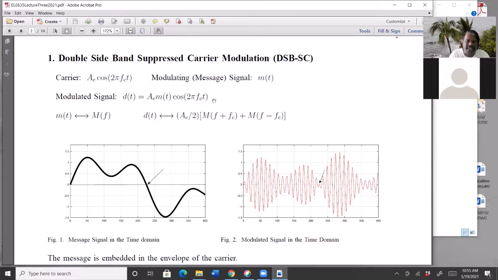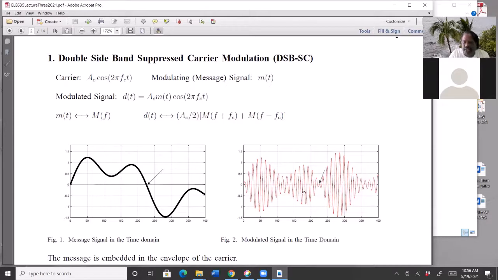Anytime I say DSB-SC, you take the carrier signal and multiply it by the message signal. This is the expression. Very simple. You take the message signal, you take the carrier signal and multiply them. That's it. And when you do that, if this is the message signal and you have the red signal that I showed you in the first lecture, multiply, you get this.